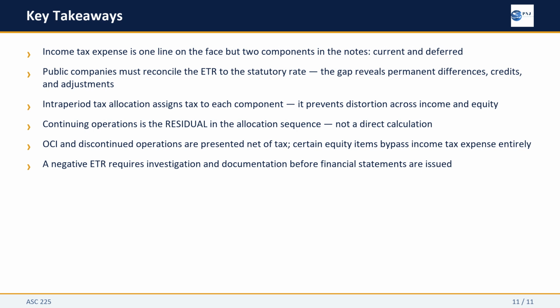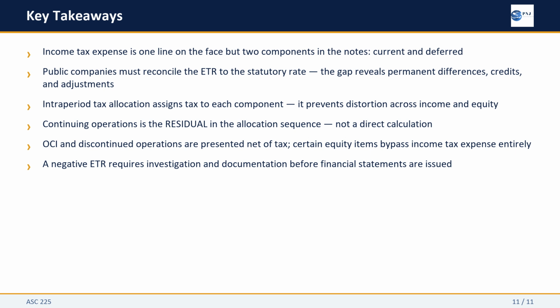Let us close with the essentials. Income tax expense is a single line on the face but contains two components, current and deferred, that must be broken out in the notes. Public companies reconcile the ETR to the statutory rate, and the gap in that reconciliation tells the real story of permanent differences, credits, and valuation allowances. Intraperiod tax allocation ensures each component of income and equity carries its own tax effect, preventing distortion.